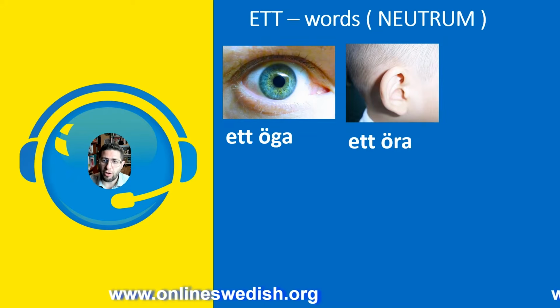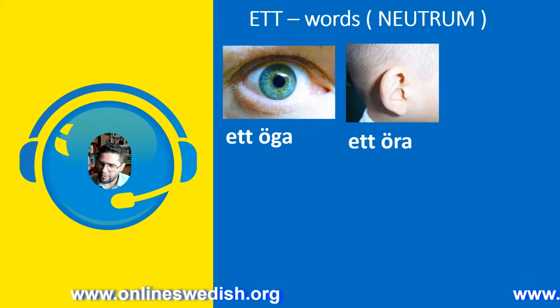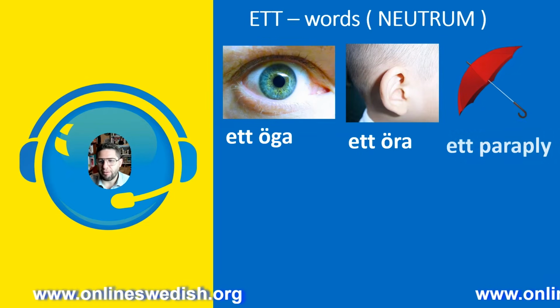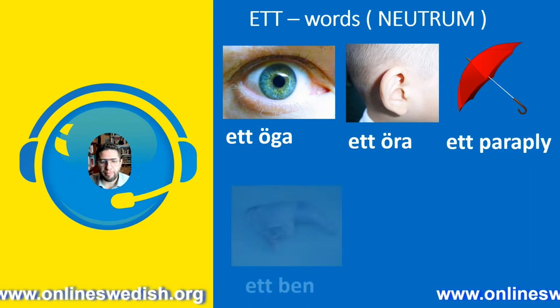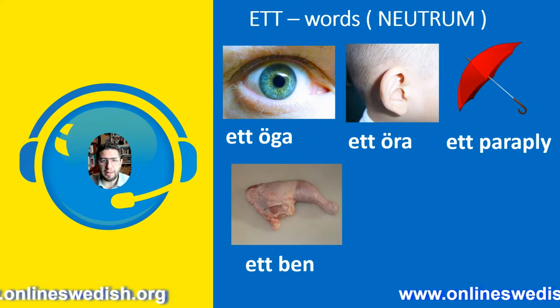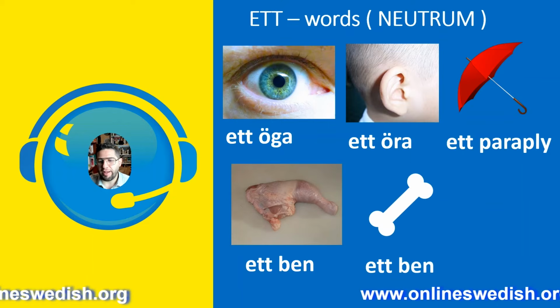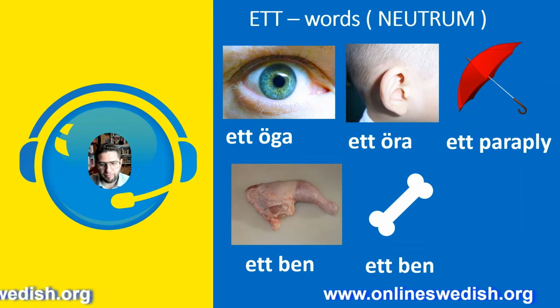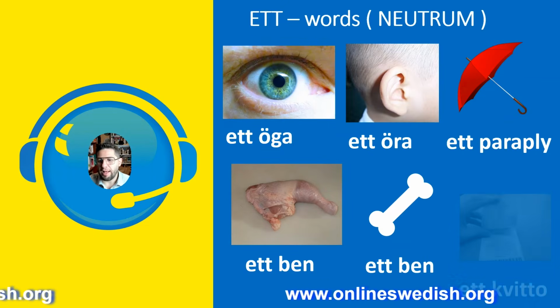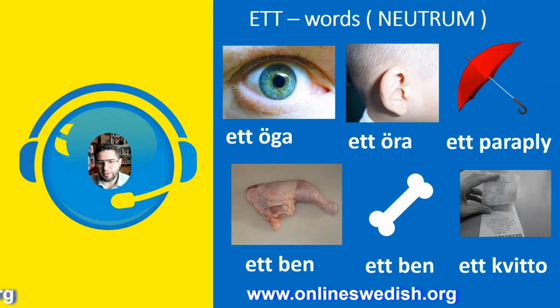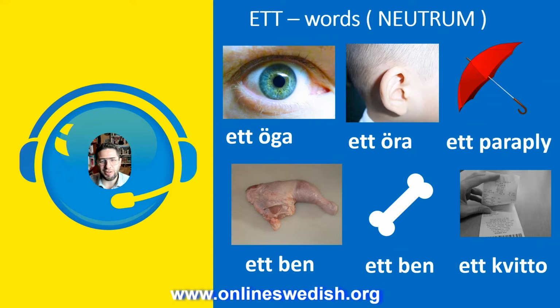And then we have ett öra, only one ear and not ears. And then we have ett paraply, ett ben, leg. And then we have ett ben, which is also bone. So it's the same word. And then we have ett kvitto. Kvitto, you hear that word very often when you go to ICA or to any other local shop.